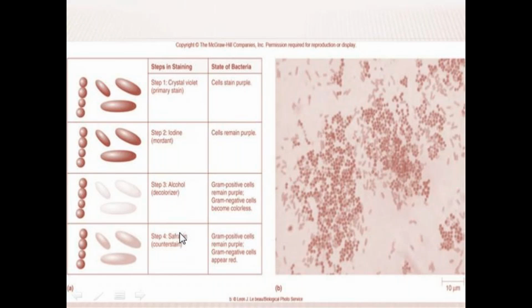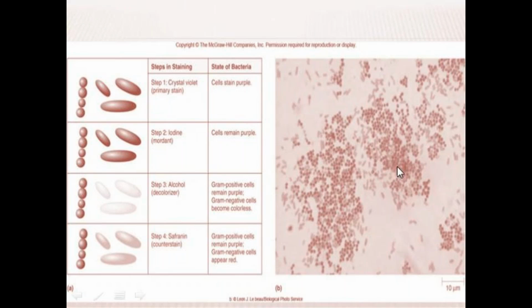Next, the decolorizing agent, that is alcohol, is added, and that causes the decolorization of the primary stain. When the cells are decolorized with the alcohol mix, that gives the gram negative ones. If decolorization is not possible, the cells appear as violet color.